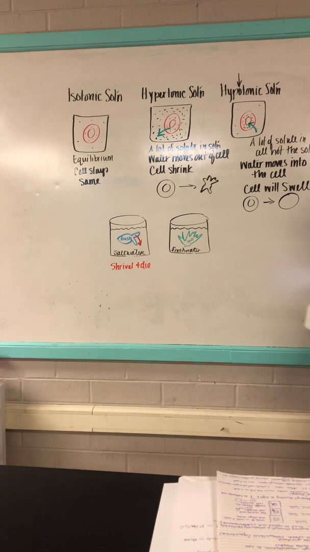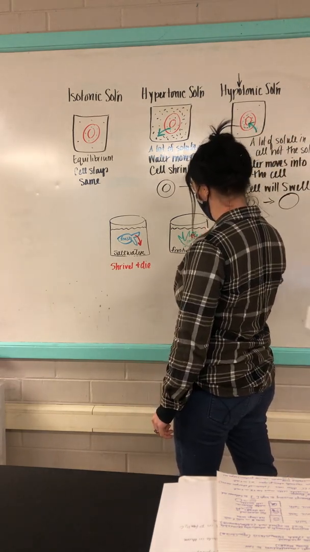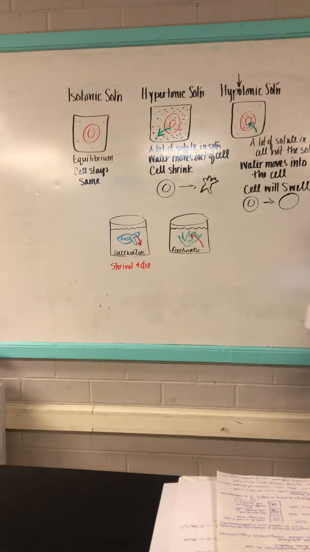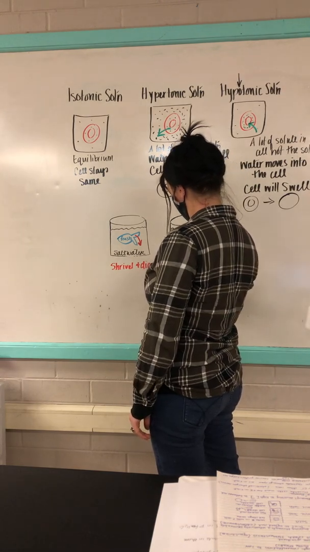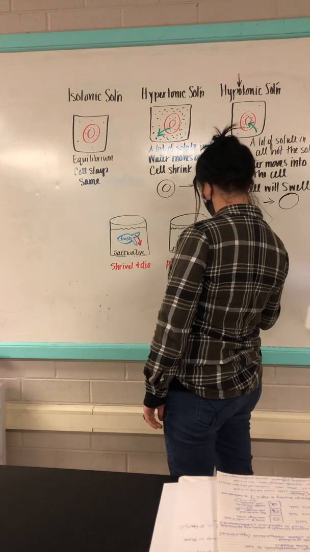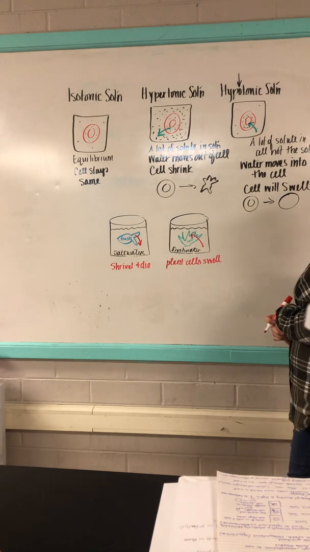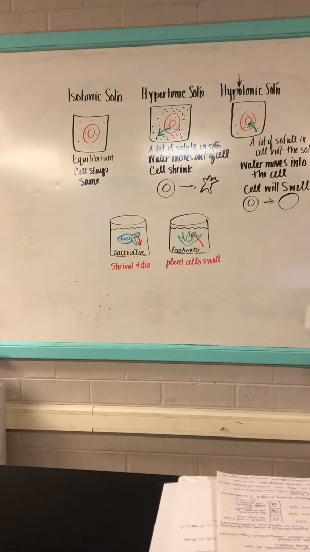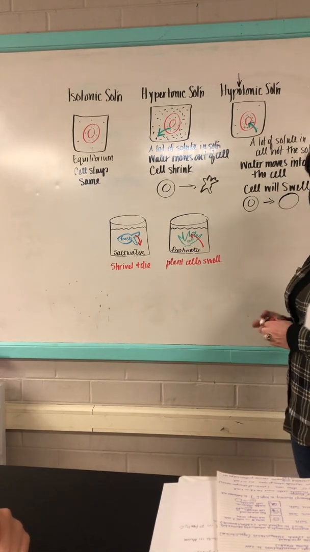It's going to move into the plant cells because this is fresh water, so it's trying to balance out this salt. So the plant cells will swell. More than likely, that plant is not going to live in it. It might live for a little while, but if it keeps getting water pushed into it, it's going to rupture the cells. So you can't really mix saltwater fish or plants and fresh water. They just don't really go back and forth.